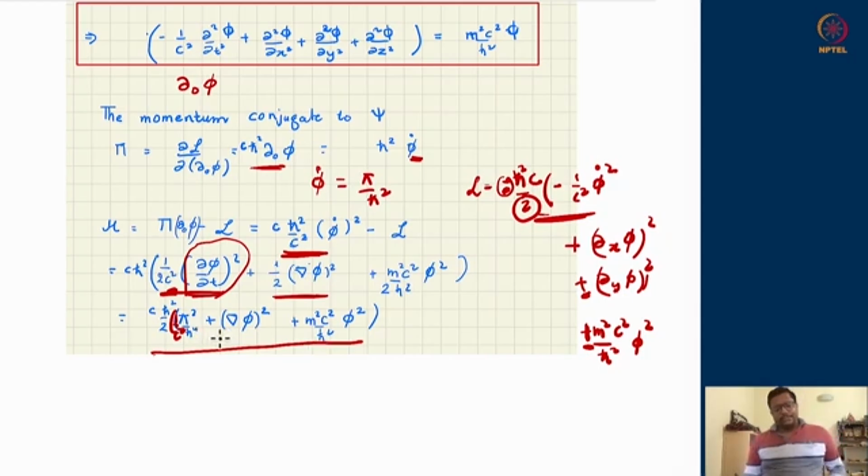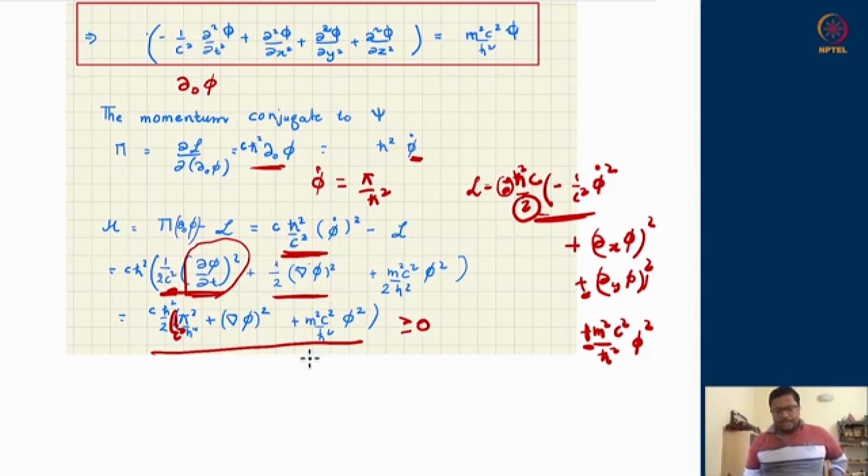So this is the Hamiltonian, which is positive semi-definite. There is no quantity which is single power or odd power, or which is coming with negative sign. So ultimately your Hamiltonian is a positive definite quantity, at least at the classical level. What it does at the quantum level, we will see in a minute.